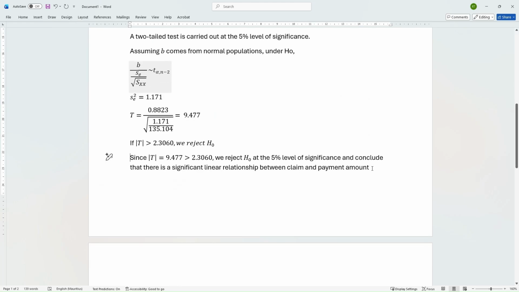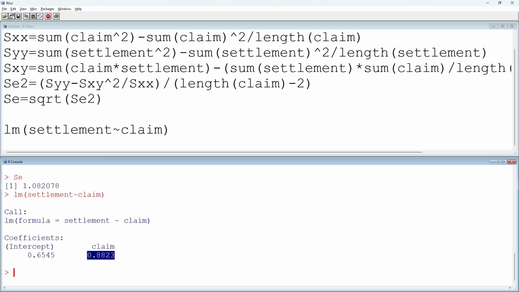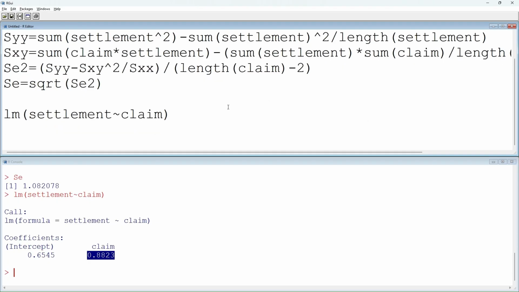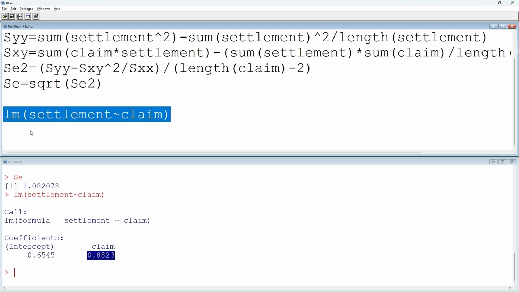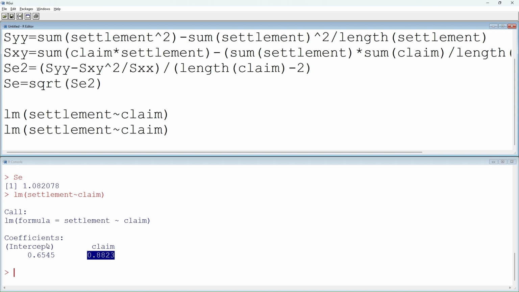Now, what are we going to do next? Let's go back to our output. Next, we are going to do a summary of this LM. This is okay, but it's not as interesting as the one that I'm going to show you. The summary of the output, we are going to give it a name.